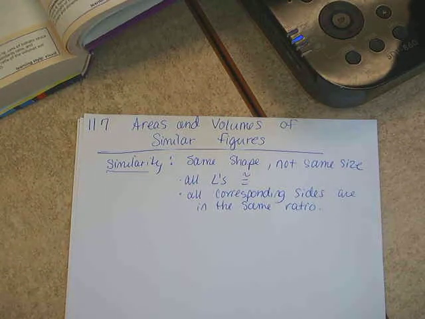Okay. So if I were to set up a proportion between two pairs of corresponding sides and check cross multiplying, it should come out correct, right? Yes?